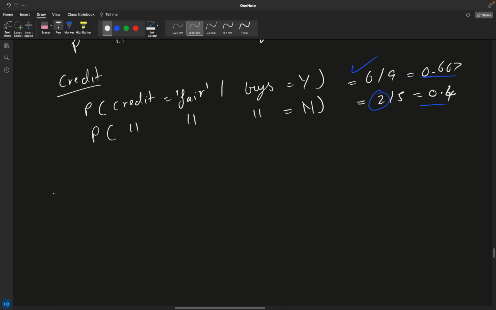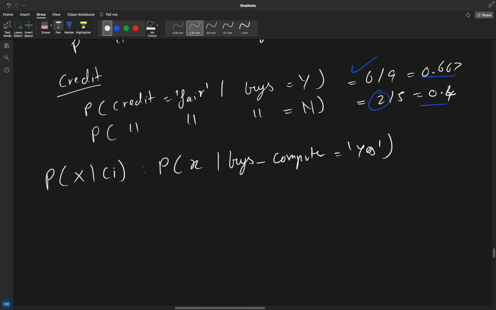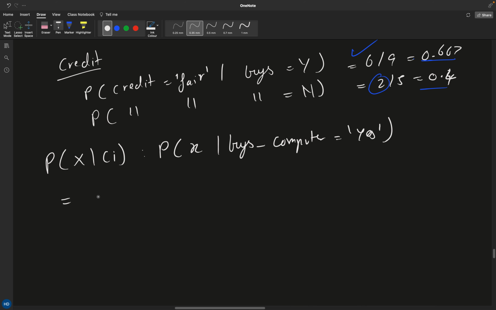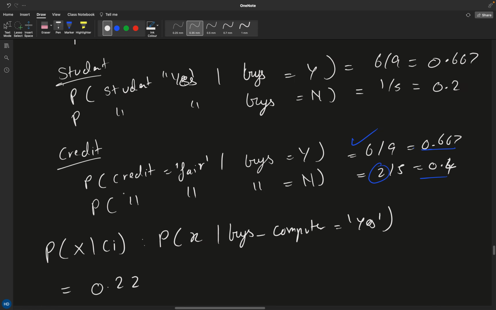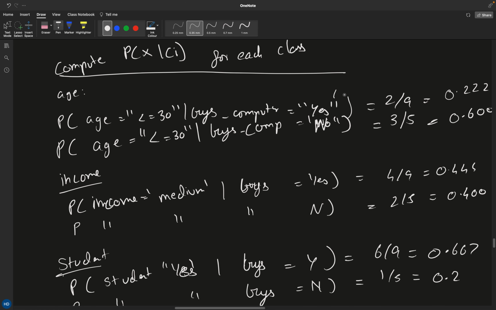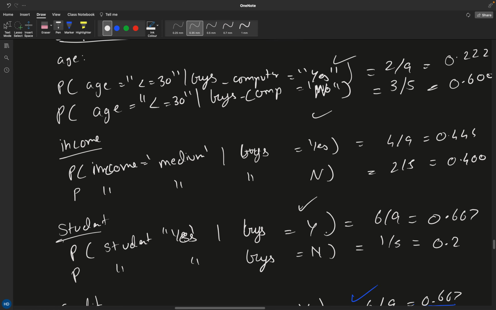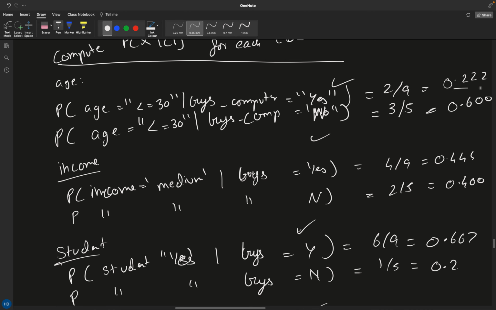Now we come back to the question. You have to find where probability x is buys computer is yes. Basically it is जितने भी ये आए थे ना फर्स्ट वाले सबके yes yes yes वाले, उन सबका मल्टीप्लिकेशन.